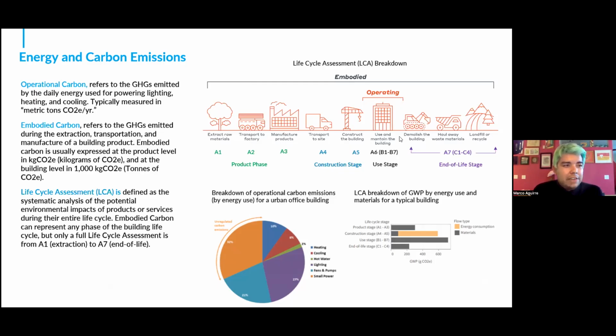But as far as environmental impact, the majority of your carbon emissions, and how you can actually curb the climate impact, is going to be in those two stages. And then you see some other graphics showcasing where the majority of the carbon emissions are coming from in the operational stage and also in the product stage.